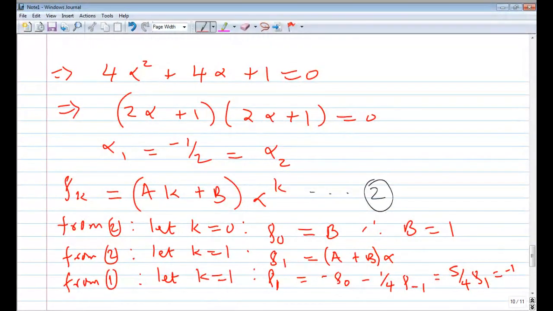I think it's true. Therefore, rho 1 equal to -4/5. Remember, I told you that the values of autocorrelation functions are like the values of probability.